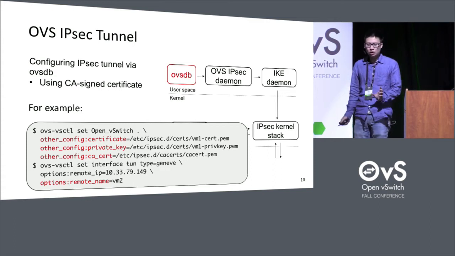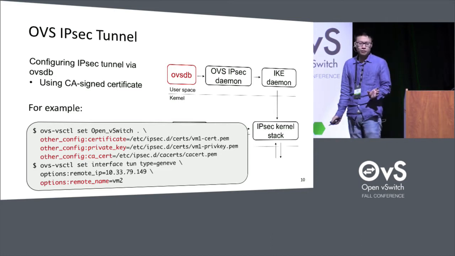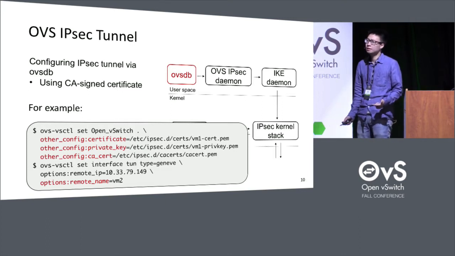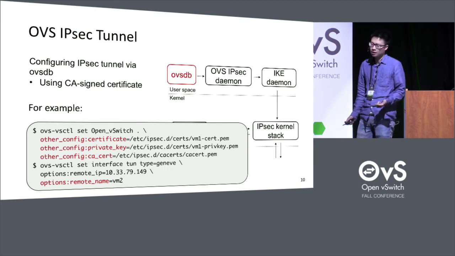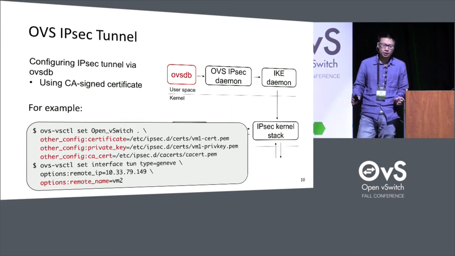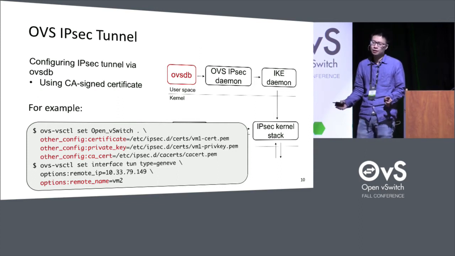The local host specifies the path of its own certificate, private key, and the CA certificate. And then in the tunnel configuration field, the user specifies the remote name of the host we trust. This remote name is the common name of the certificate of the remote host.